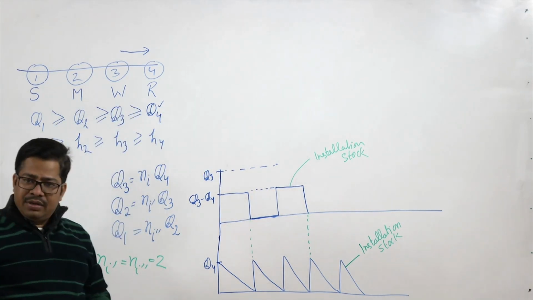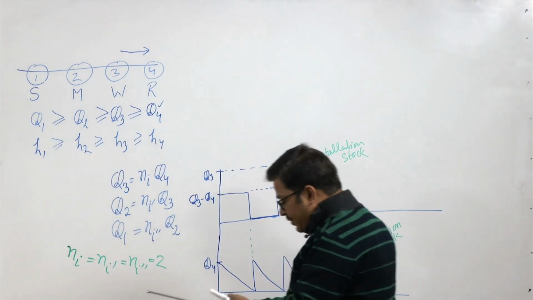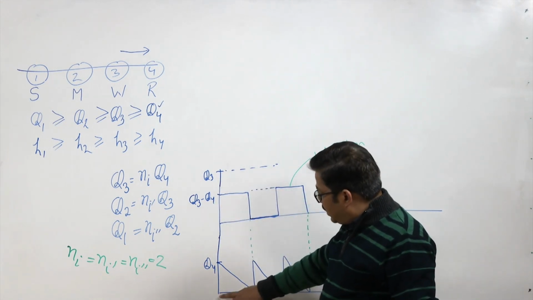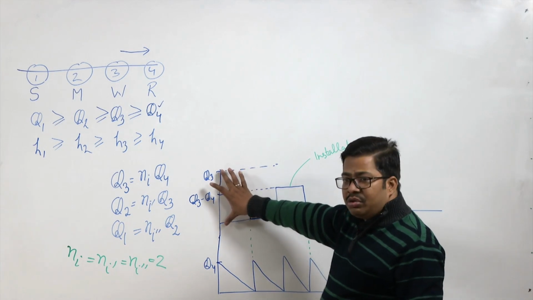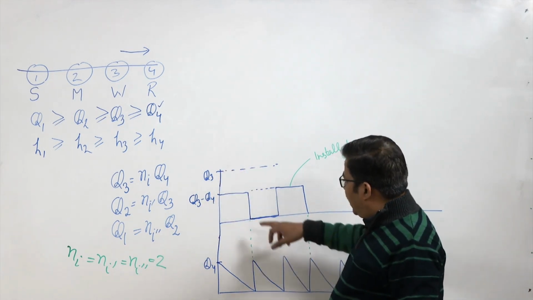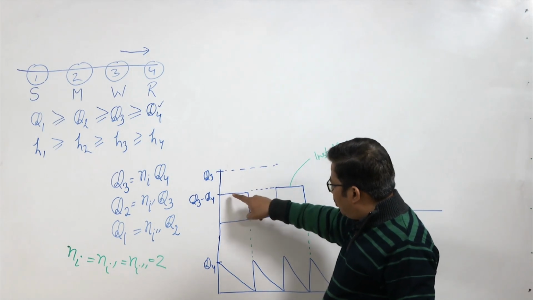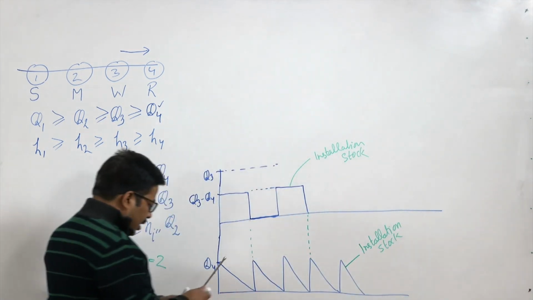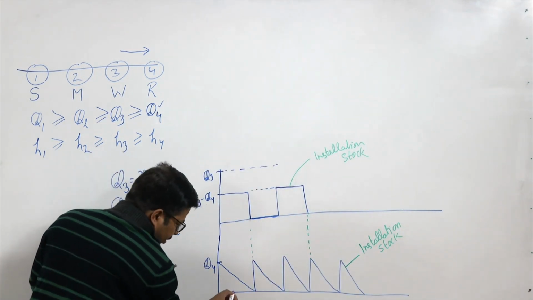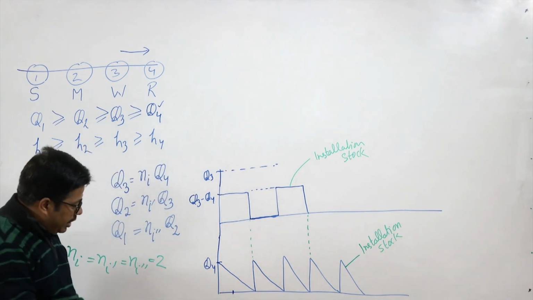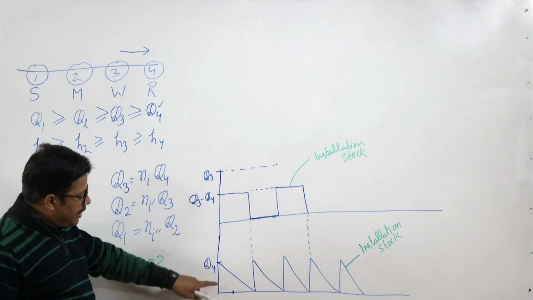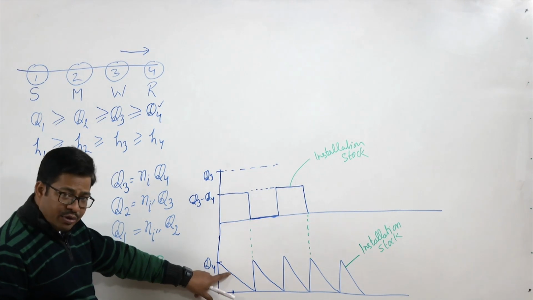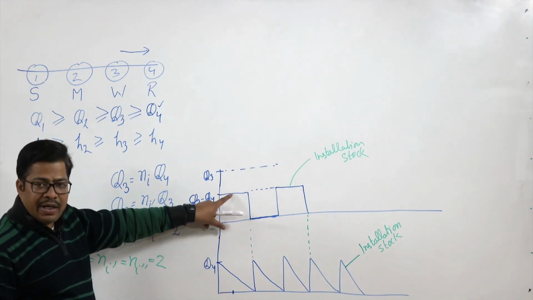If I talk about the echelon stock for stage 2, you will see that here it is Q3 and here it is 0 initially. So Q3 is the total stock which is available with me. At a particular point here, you see the physical inventory at stage 4 is this much, and this is the physical inventory available at this stage.